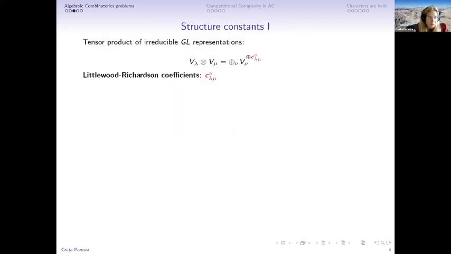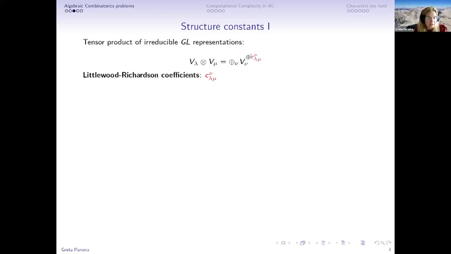So what can we do with representations once we've understood them somewhat? We can take tensor products. We can take the tensor product of two irreducible GL representations. It is still a representation, then we can decompose it as a direct sum of other irreducible representations, and they are going to appear with certain multiplicities, which are just by definition non-negative integers.